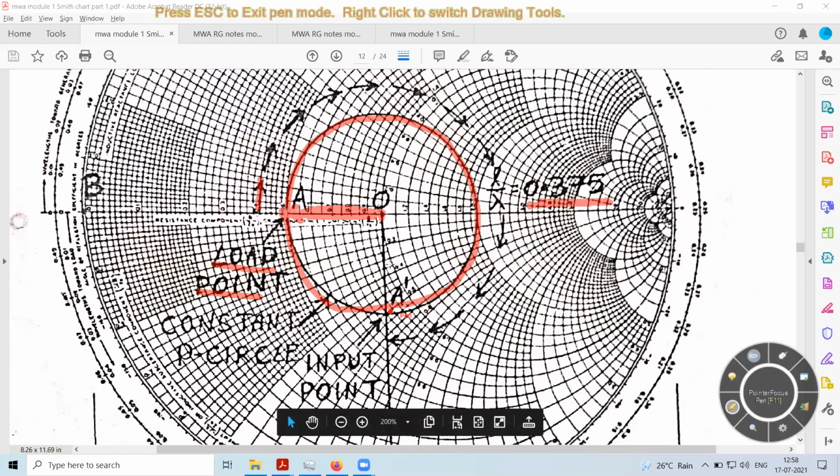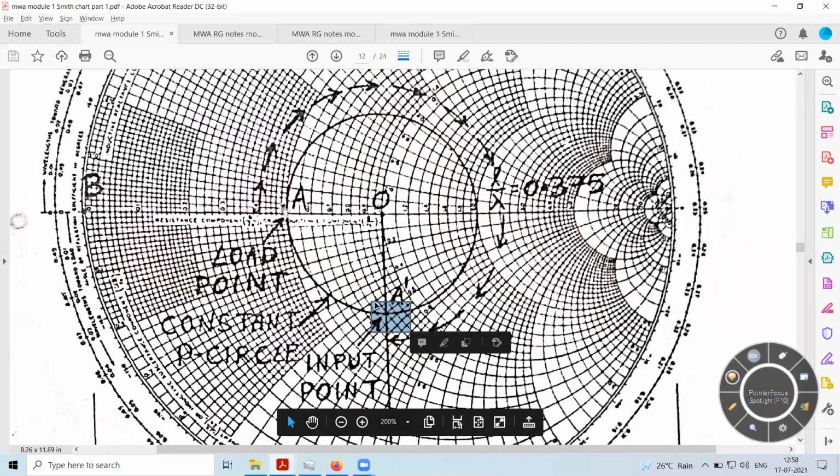From that point, you join the line such that this line and the VSWR circle intersect at one point. When they intersect, you will be able to identify the input impedance.